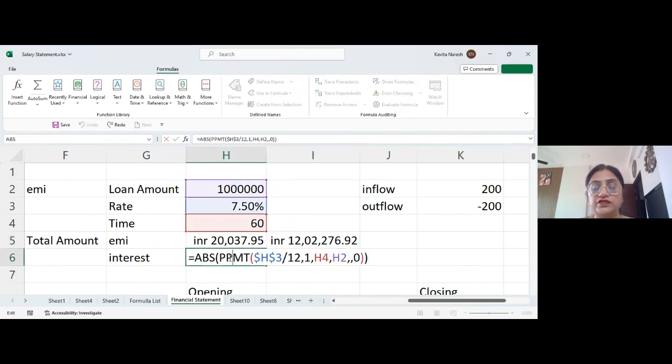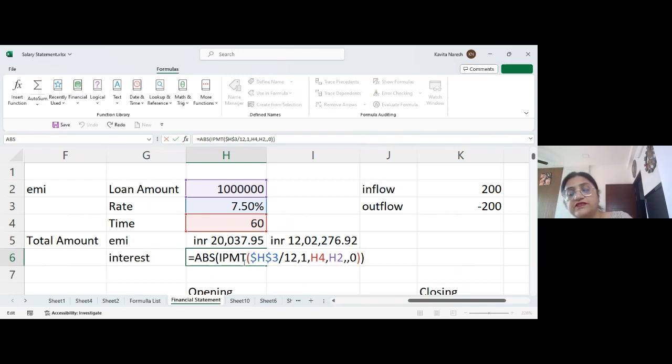IPMT stands for interest. To separate the interest from EMI, you should use the IPMT. It takes 6 arguments. PMT takes 5 arguments and IPMT takes 6 arguments.